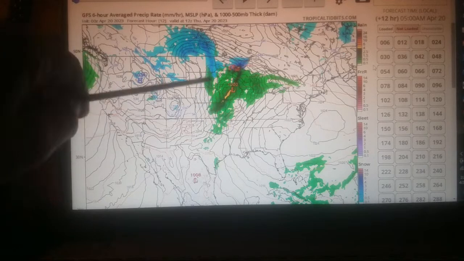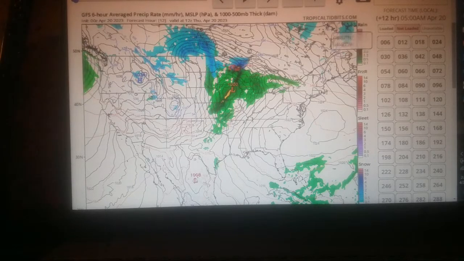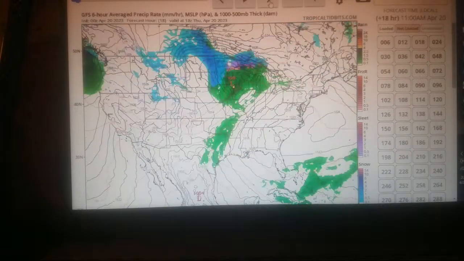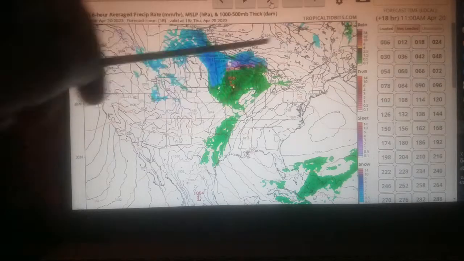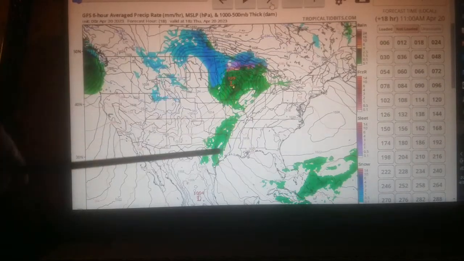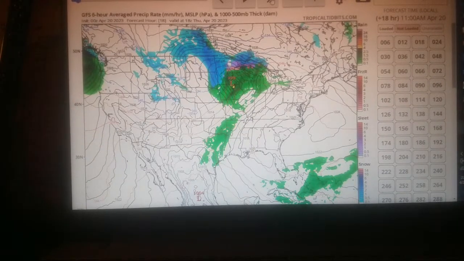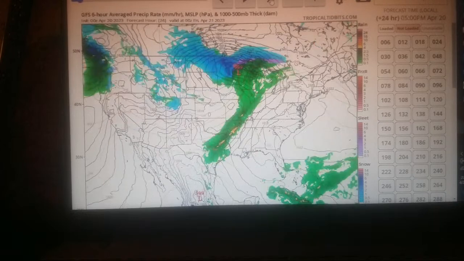Anyways, as we progress, this is 7 a.m. They're going to wake up to this big old thing. Don't be surprised to see at this point, at 11 a.m., embedded thunderstorms popping up in this region. You see them there on the next frame.